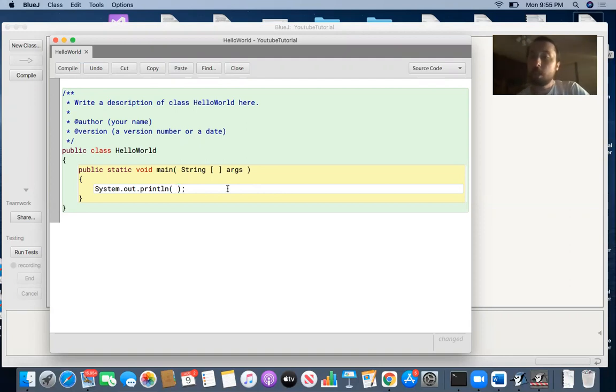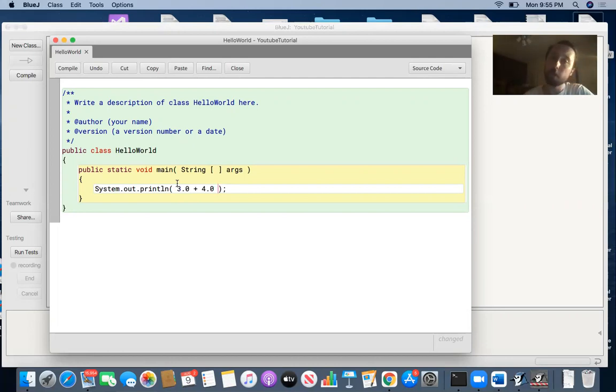Java prefers doubles over integers. So if you say something like 3.0 plus 4.0, technically you would say, oh, that's 7.0, which is just 7. But Java prefers doubles. It prefers floating point numbers, decimal numbers, over integers.